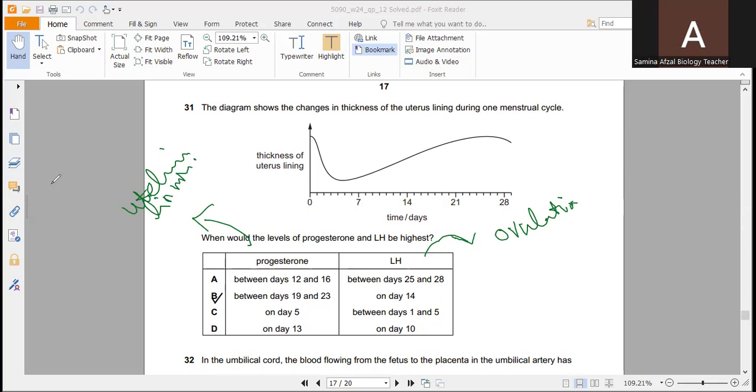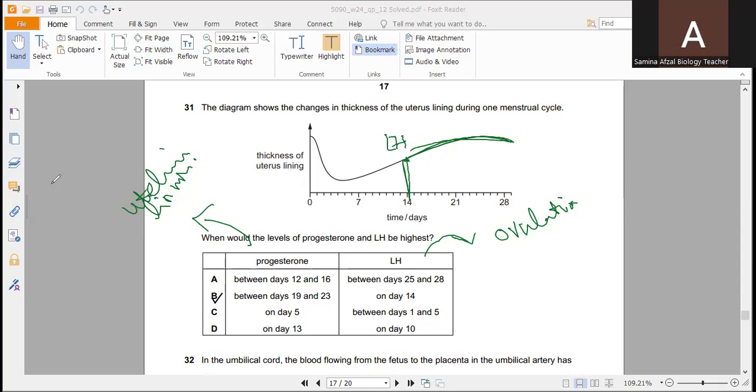So it is maximum around day 14, and after 14, luteinizing hormone will help to release the egg on the 14th day, and then the uterine lining thickness is increasing after the ovulation.